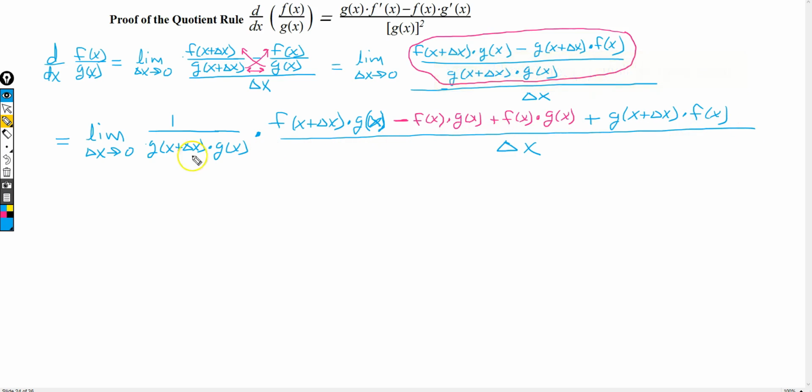Alright, so what we have here, let me just clean this up a little bit. Now you notice what we did is we rewrote this. So there's our 1 over g times g pulled out. This term right here has now been pulled out front. Now we have left this part right here.